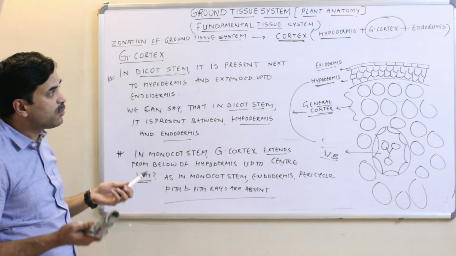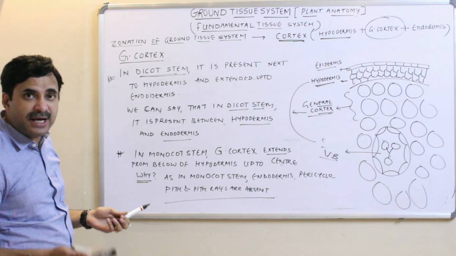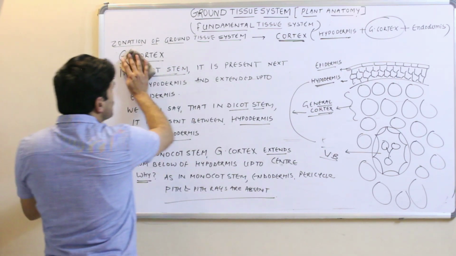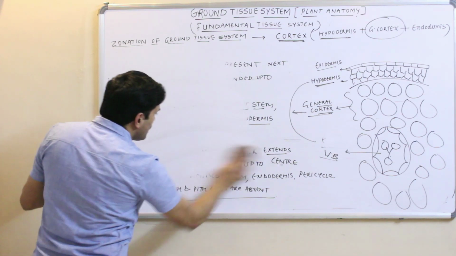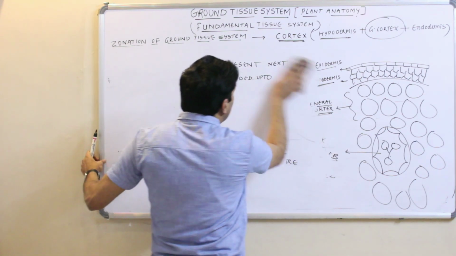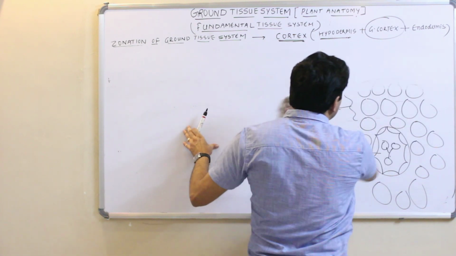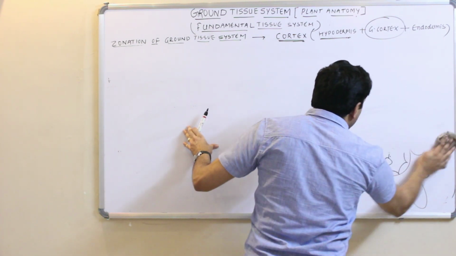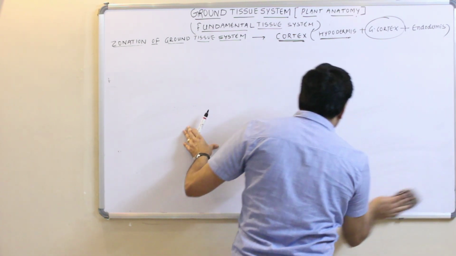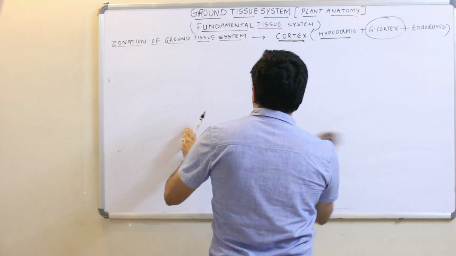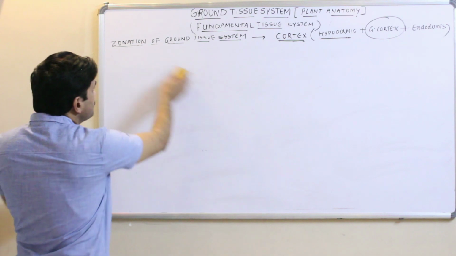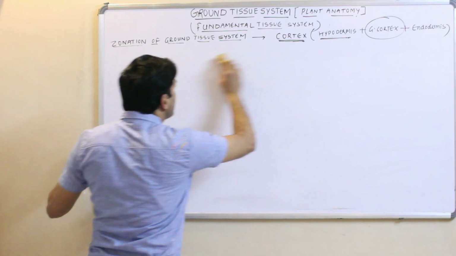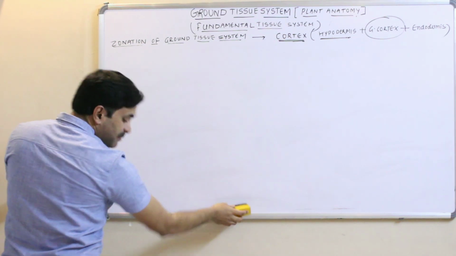Now let's talk about where the general cortex is found in the dicot and the monocot root. So just see here. In the case of dicot and monocot root, you know very well that hypodermis is absent. So definitely it will be found next to the epidermis.